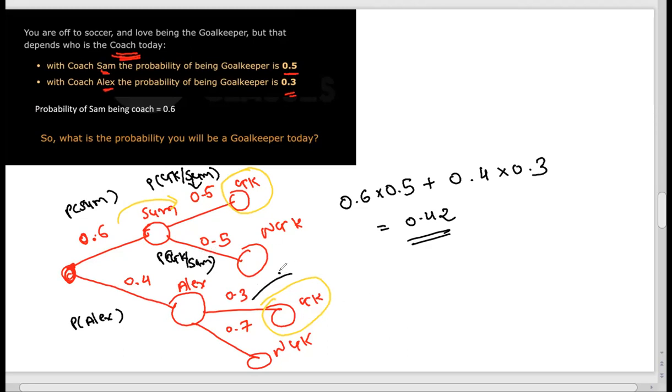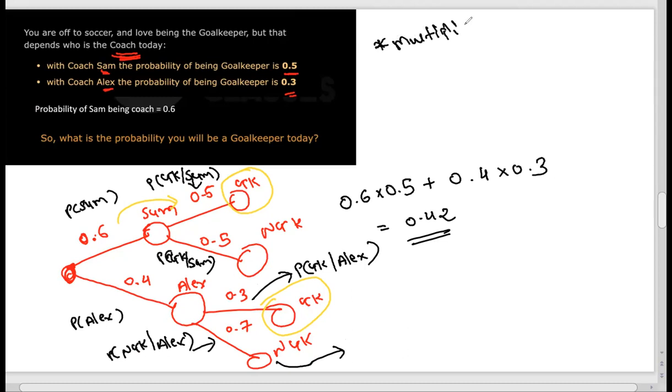Here, this represents the probability of being a goalkeeper given Alex is the coach, and this the probability of being a non-goalkeeper given Alex is the coach. And if you are talking about this circle, then just do the multiplication. Let me tell you here only what the multiplication rule is.